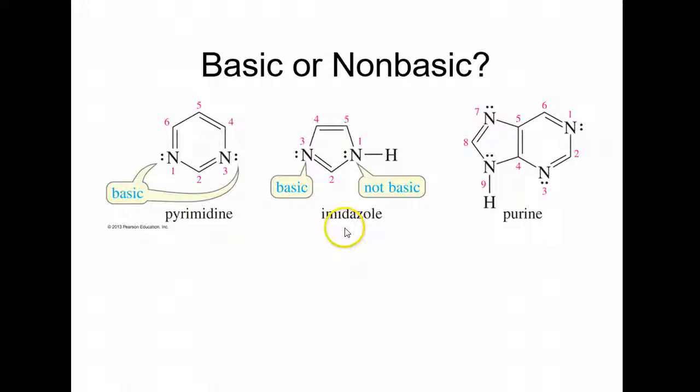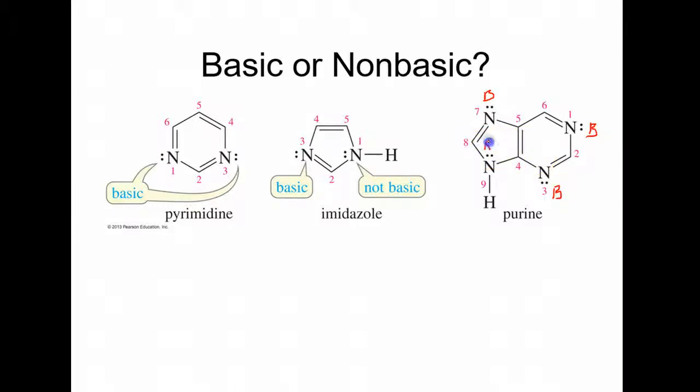Imidazole is also another interesting one. Same thing. These lone pairs are preoccupied in the resonance, but the lone pairs out here are not. So this is our basic part of this ring. In this case, they both act as a base. It looks like I gave you the answer to this one. I didn't mean to. Anyways, these are basic, basic, basic.